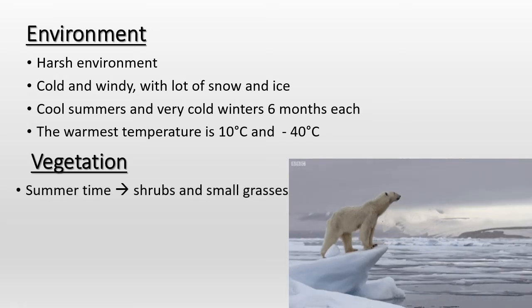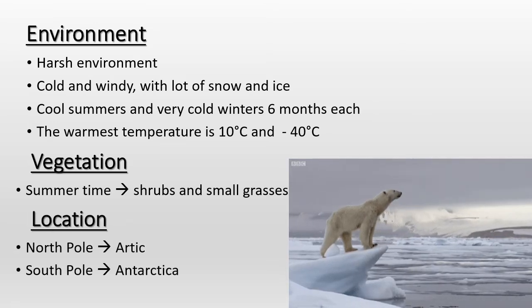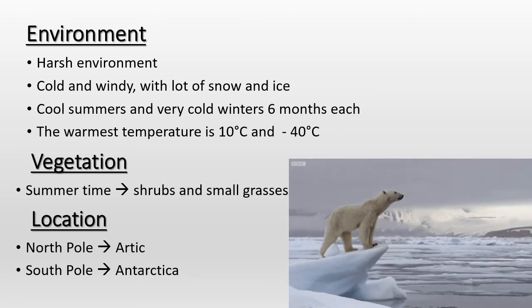Vegetation. When the snow melts during the summertime, you'll find shrubs and small grasses. In the North Pole, we have the Arctic, and in the South Pole, we have Antarctica.